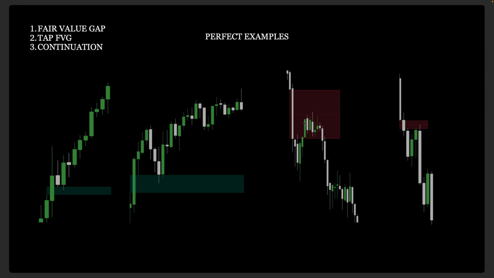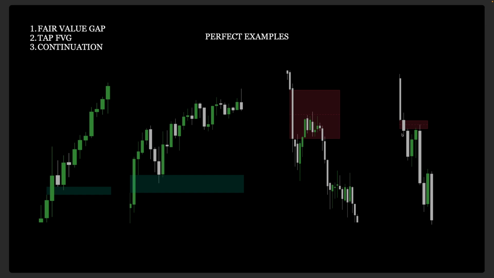As long as the bodies are under 50%, it's fine. And for a bullish example, as long as price is above the 50%, that means the bodies are above 50%. The wicks can go all the way down. They can trade to and through the gap. It's just that price should not close. So these are some perfect examples.